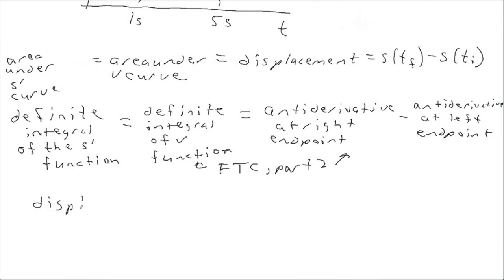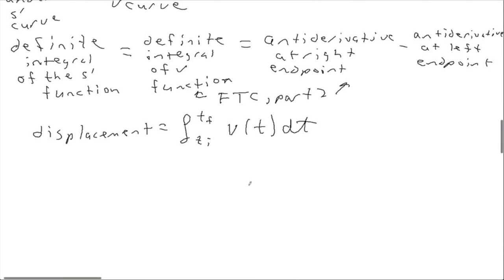Well, we can boil this down to displacement. So the displacement equals, we've just discovered here, the displacement is the definite integral. It's the area under the curve. So this is the equation now that we'll use for solving the word problems.